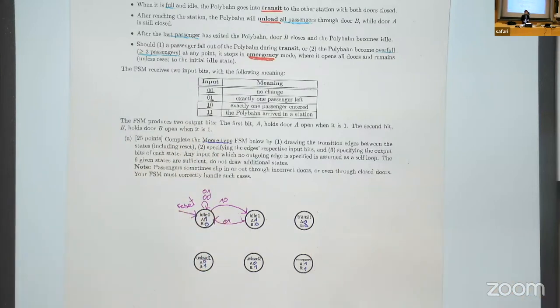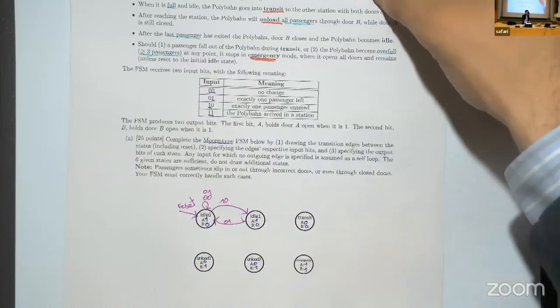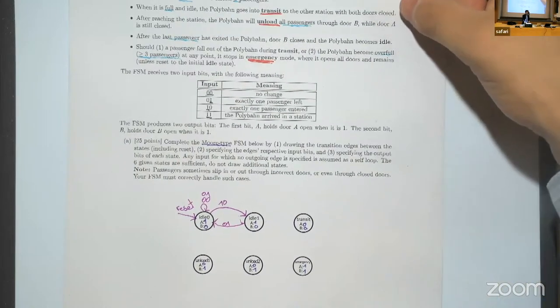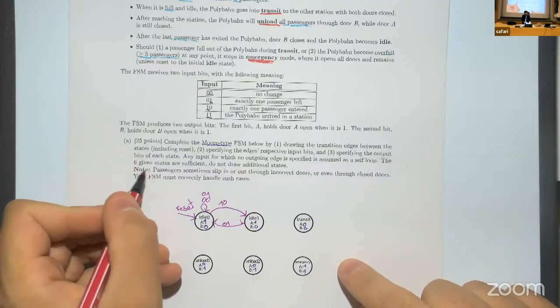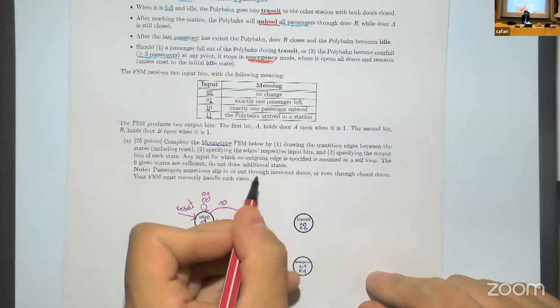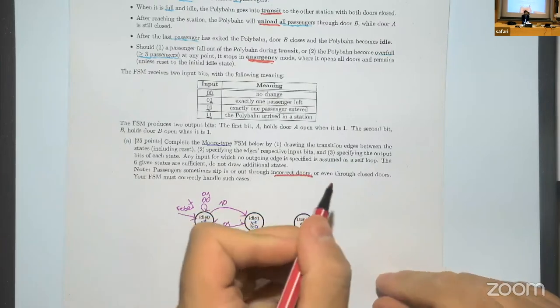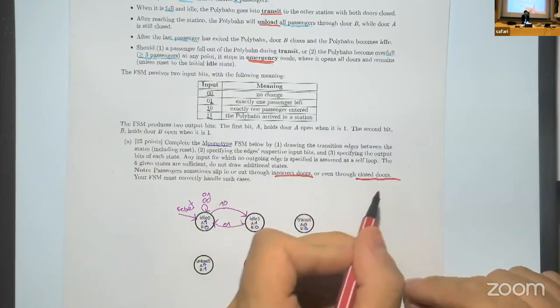Now you could argue that in the question it specified all passengers should enter through door A, so why did we just have a passenger leave? That should be a nonsense edge as well. But we have this note down here: passengers sometimes slip through incorrect doors or even through closed doors.